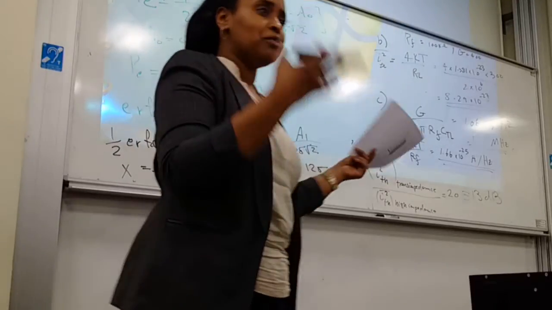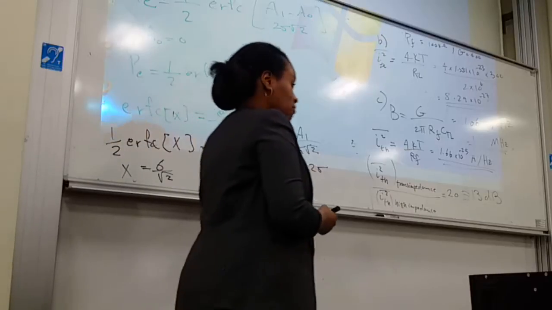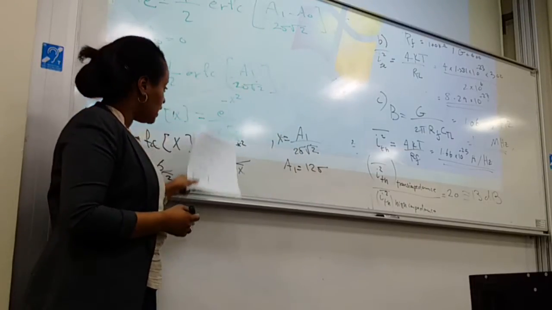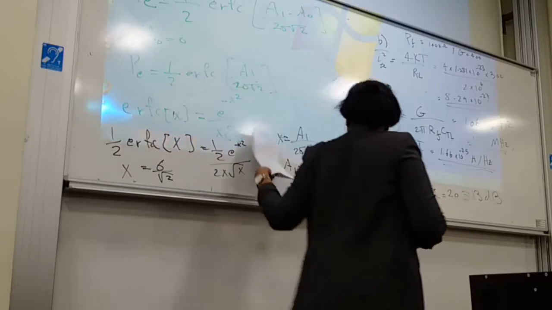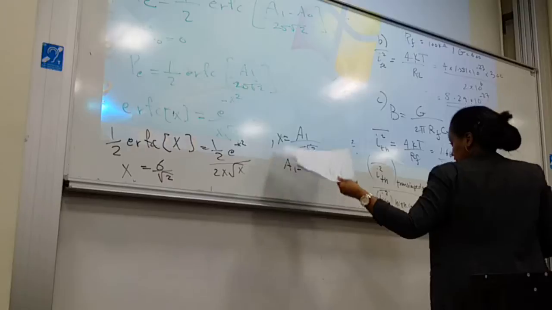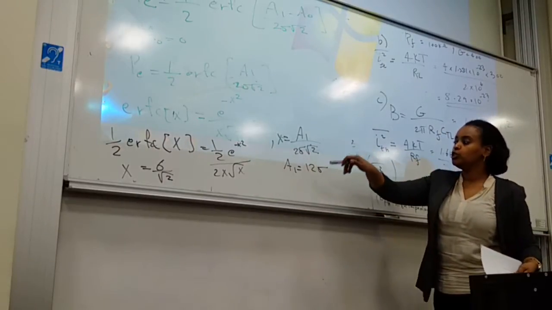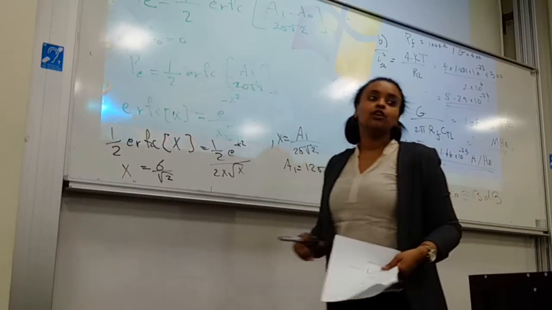What is the meaning of the variance here? It's the noise. So this means that to get a bit error rate of 10 to the power minus 9, the current at A1, logic 1, should be 12 times greater than the noise.